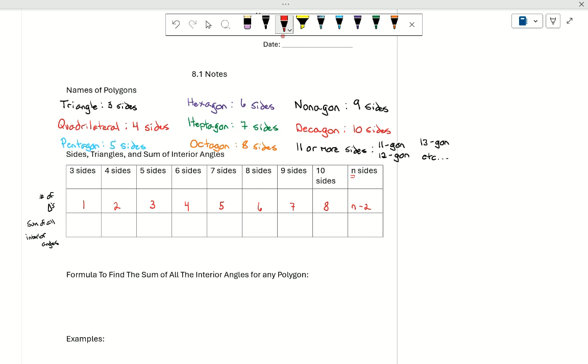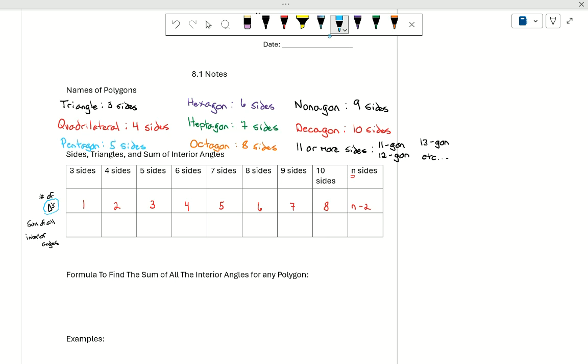Okay? And then this last row, where it is titled Sum of all the interior angles, this is what we do. We know that when we talk about triangles, the angles always add up to 180 degrees, right? Remember.